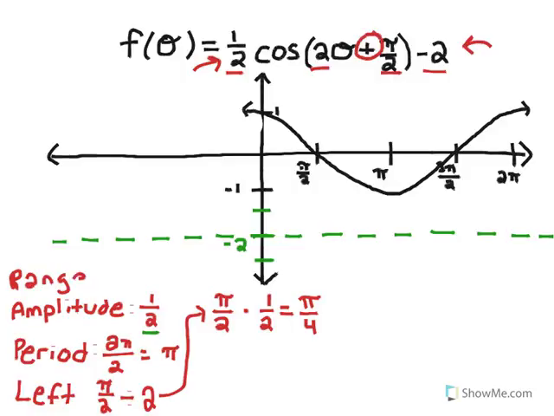For the range, first you list the lower end of your function, so the more negative number in this case, which is negative 5/2. And it goes to the highest, or the closest to the positive number, which is our negative 3/2, because it's less negative.